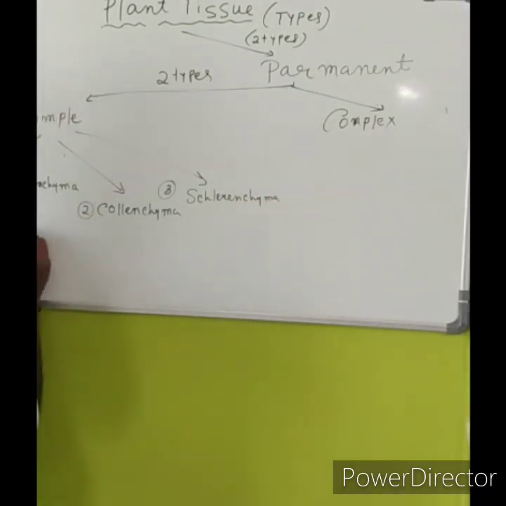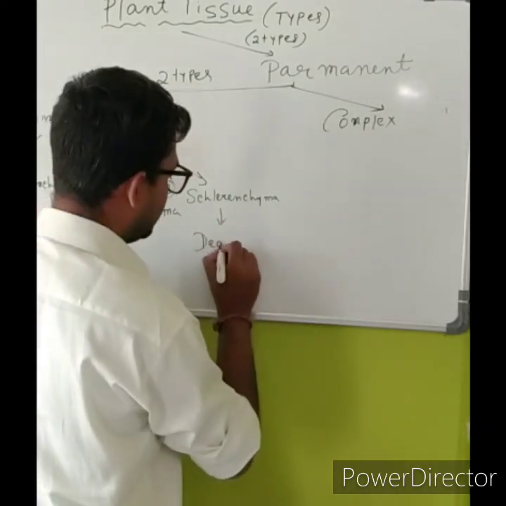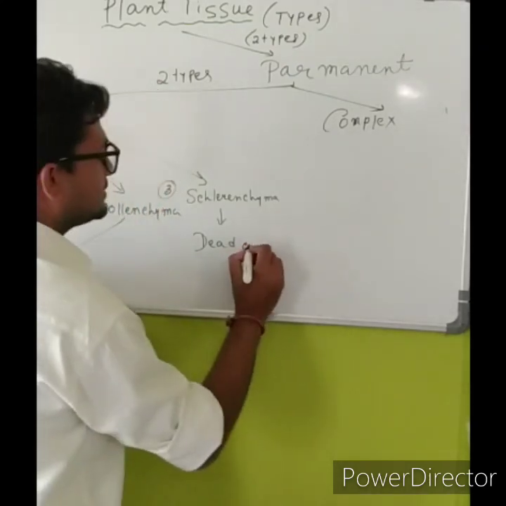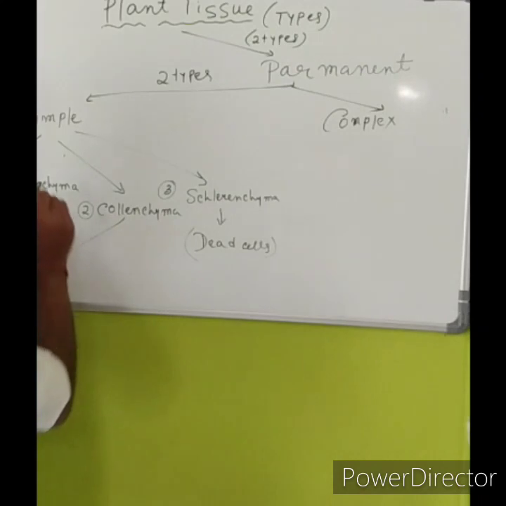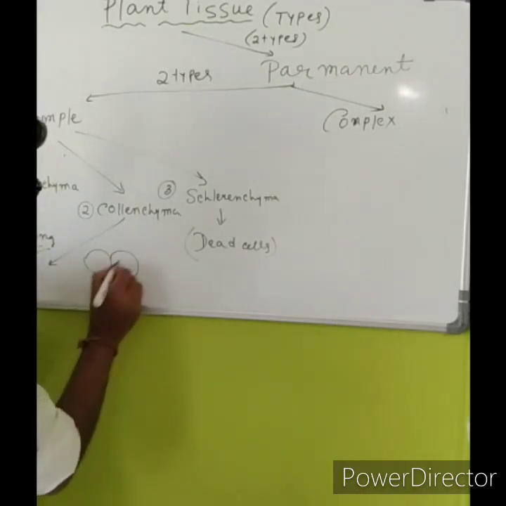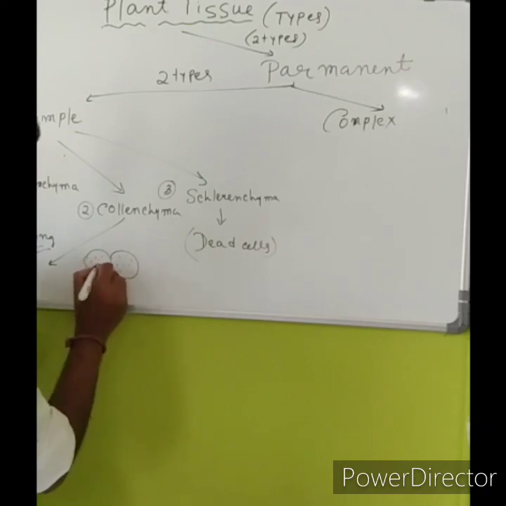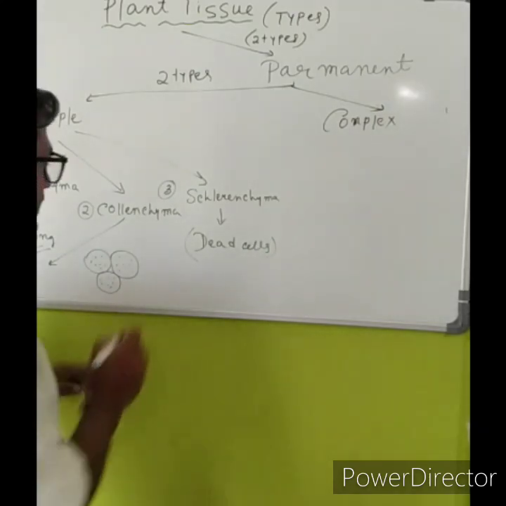Here the parenchyma and collenchyma are living cells, but the sclerenchyma are dead cells. The parenchyma cells are isodiametric in nature, that is, they are more or less equal in shape and size.